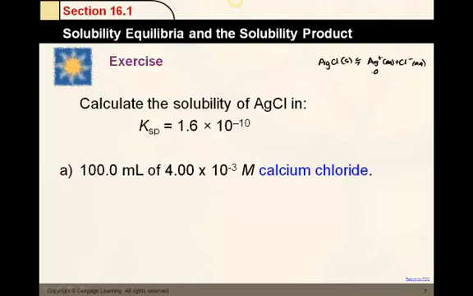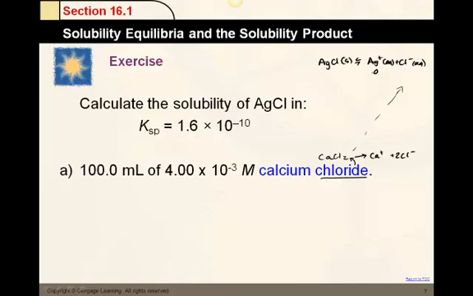But chloride ions, because calcium chloride, CaCl2, has a common ion in common with silver chloride. So the concentration of chloride ions is 4 times 10 to the negative 3. Now, calcium chloride, when it breaks apart, forms calcium and chloride ions, 2 chloride ions for every calcium chloride.